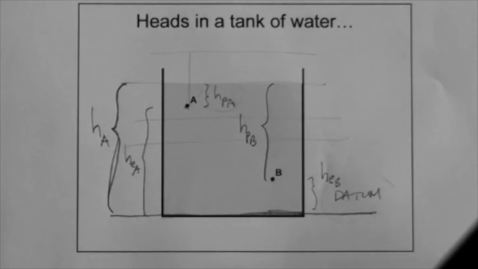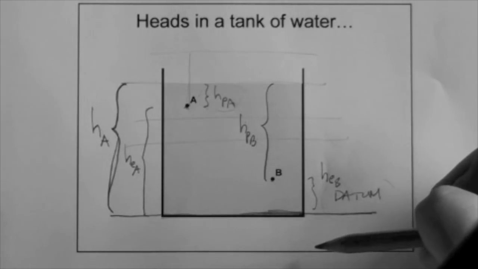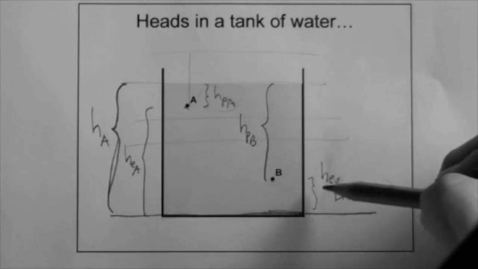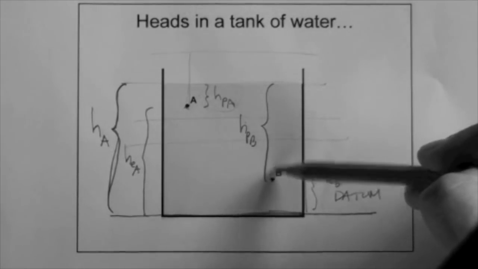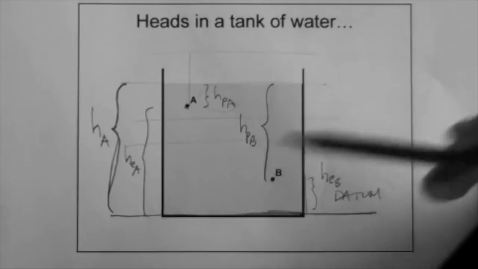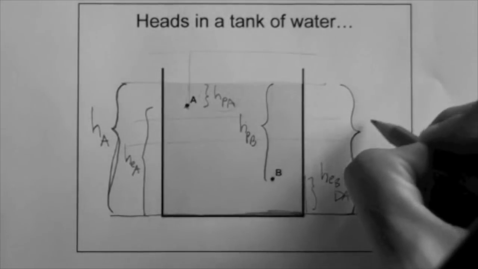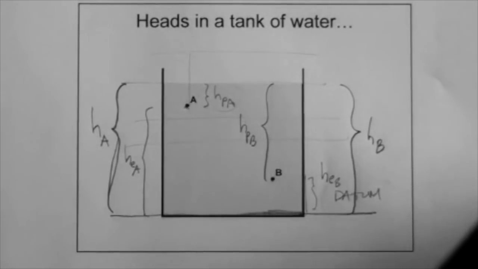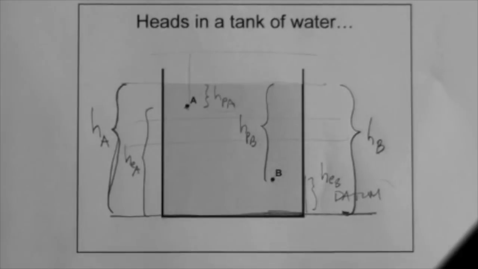That is the total head. What about for point B? 0, which is the velocity head, plus elevation head, which is this, plus the pressure head, which is that. So the total head at point B is that.